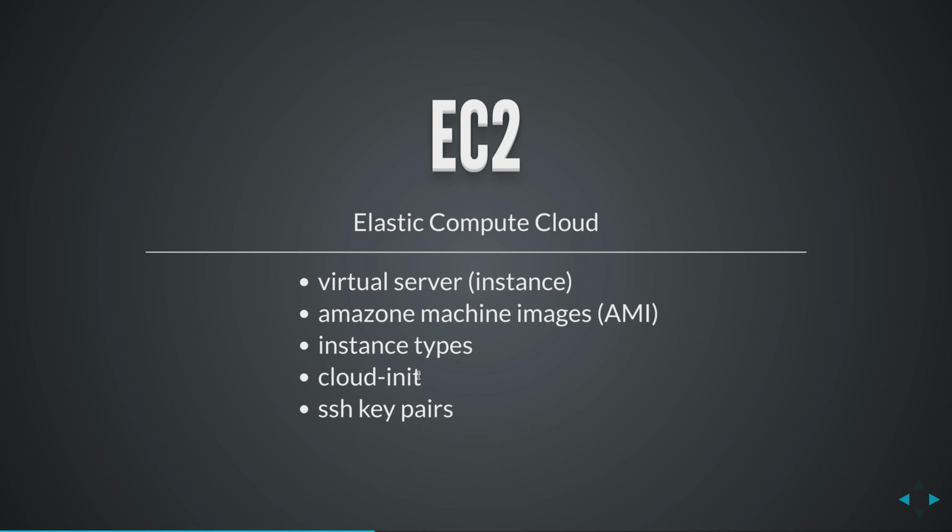One of the things Cloud Init will do is inject your SSH public key into the instance, because you cannot use password authentication. You need to use an SSH key, so you have to prepare your configurations in such a way that you can attach the SSH key to the EC2 instance.